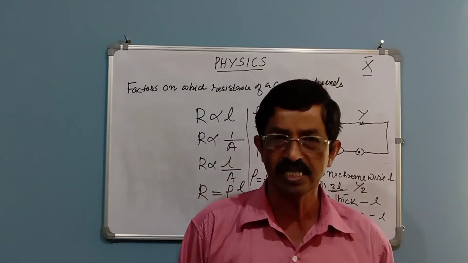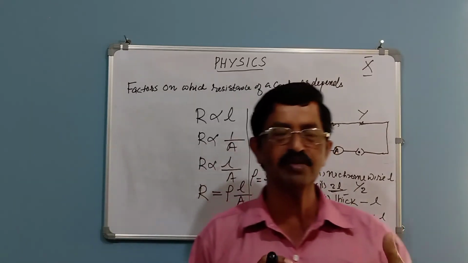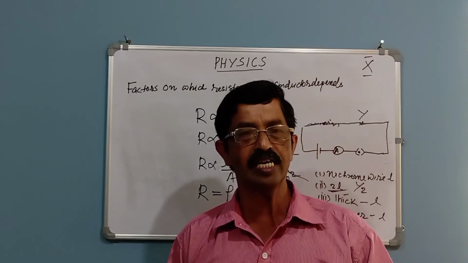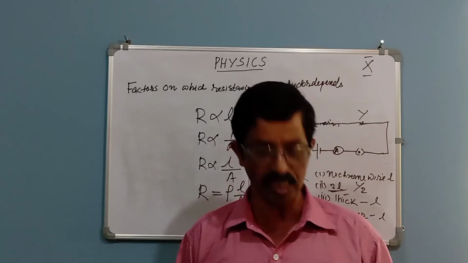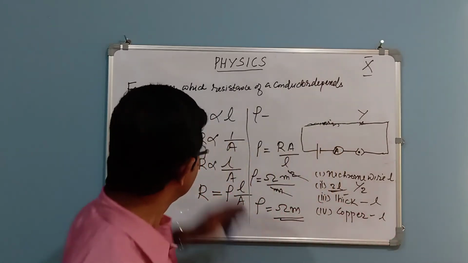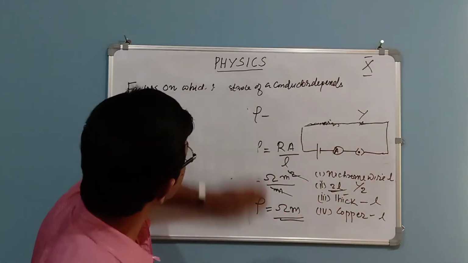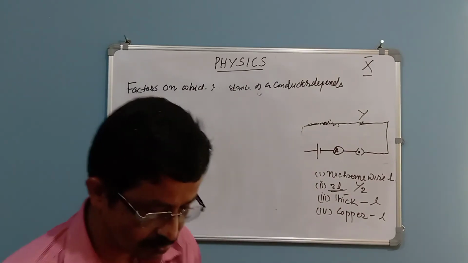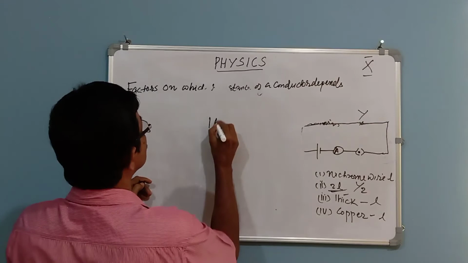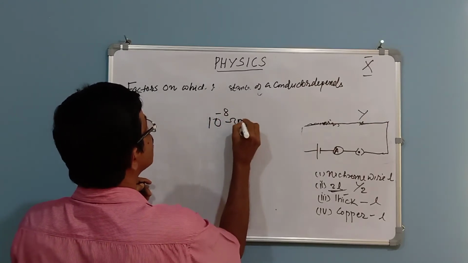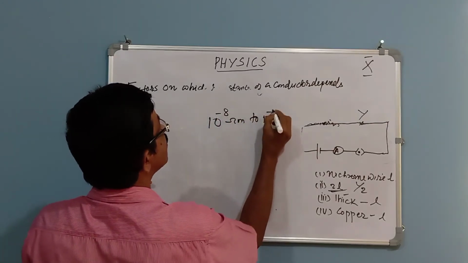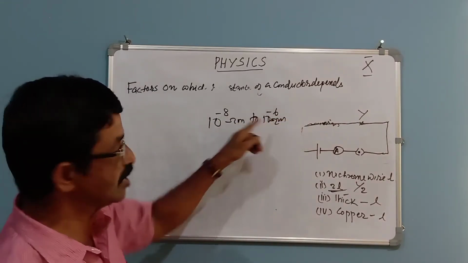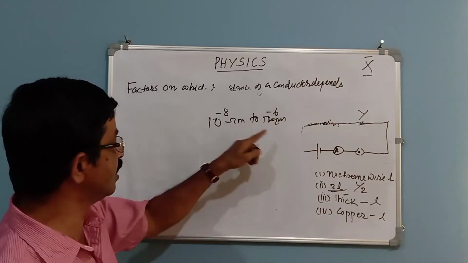Conductors such as metals like copper, aluminum, etc. have very low resistivity. The resistivity of metals is of the order of 10 raised to minus 8 ohm meter to 10 raised to minus 6 ohm meter. So these materials we use as conductors.